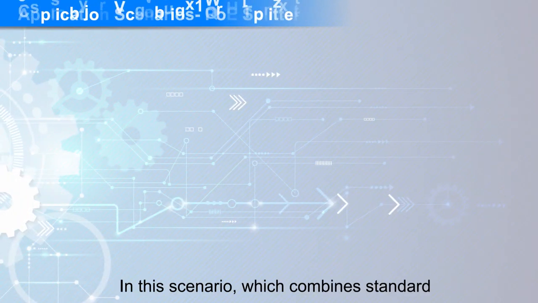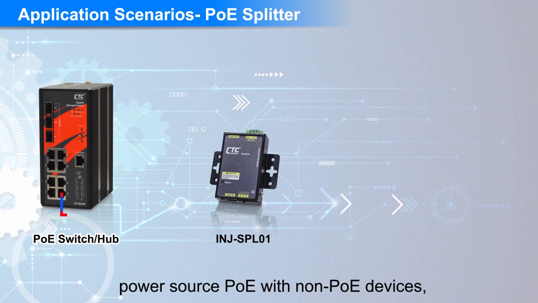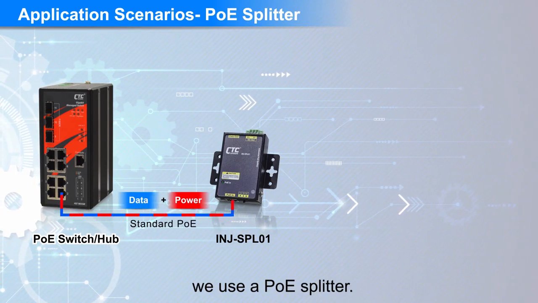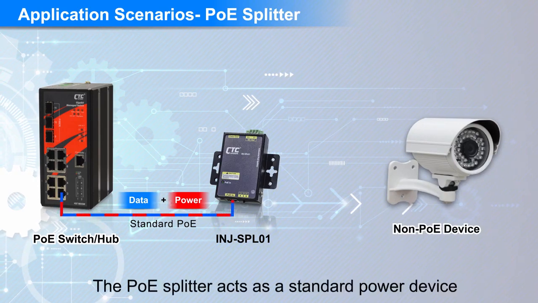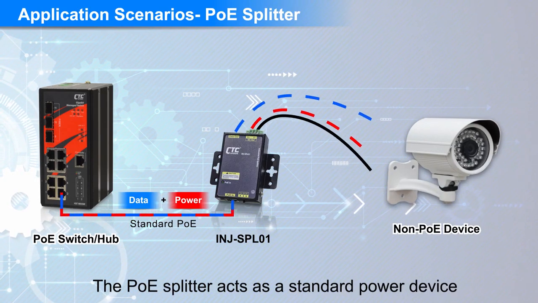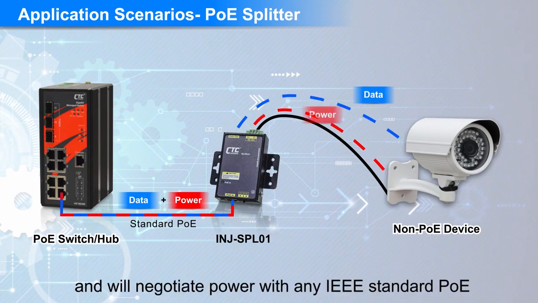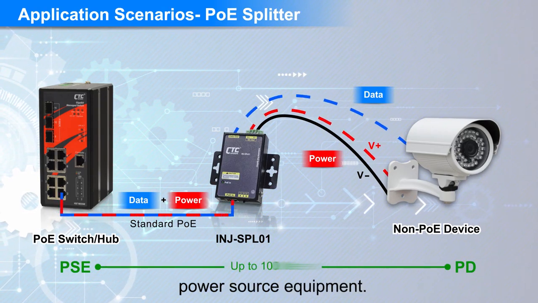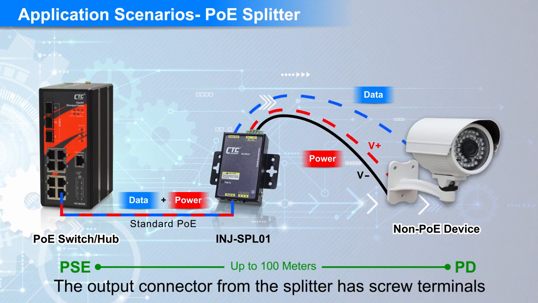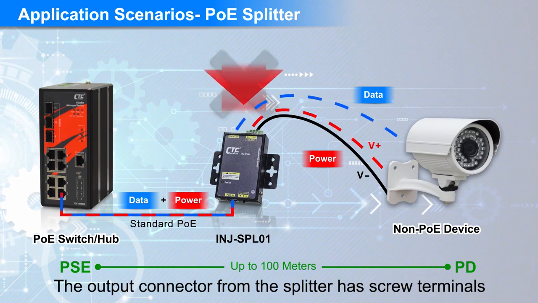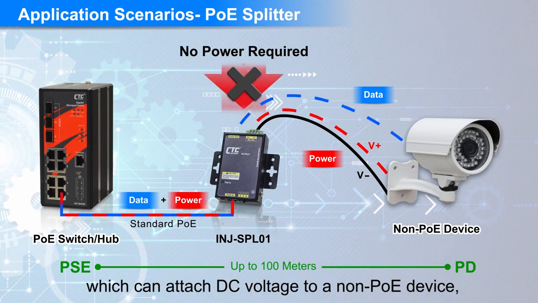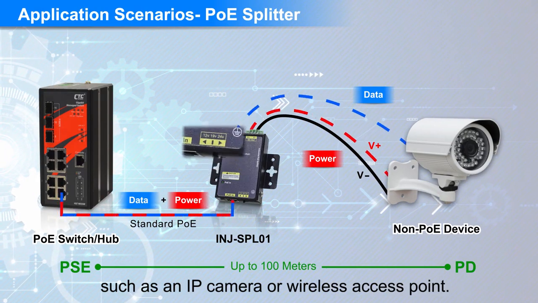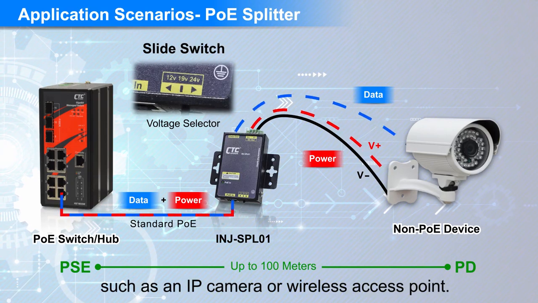In this scenario, which combines standard power source PoE with non-PoE devices, we use a PoE splitter. The PoE splitter acts as a standard power device and will negotiate power with any IEEE standard PoE power source equipment. The output connector from the splitter has screw terminals which can attach DC voltage to a non-PoE device, such as an IP camera or wireless access point.